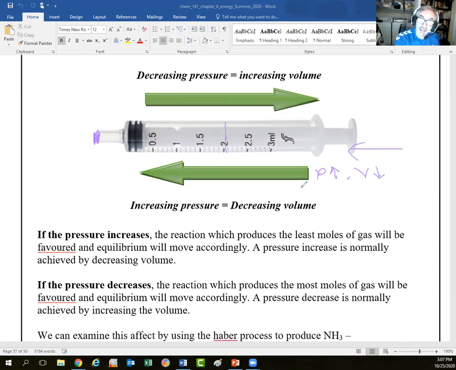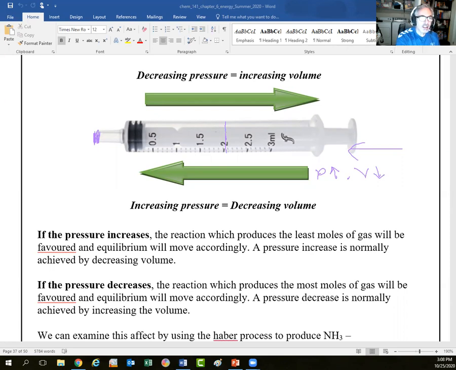Now, to compensate for that reduced volume, Le Chatelier tells us that we favor the reaction that's producing the least moles of gas. Increased pressure, reduced amount of space, favor the reaction producing the least moles of gas.